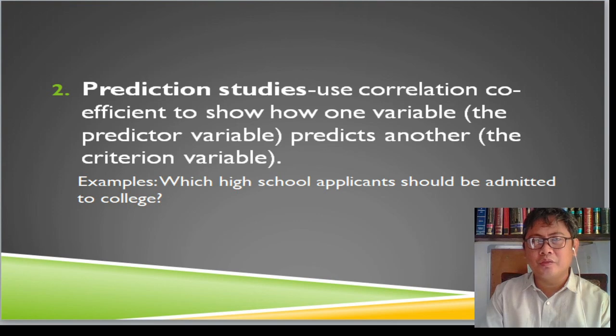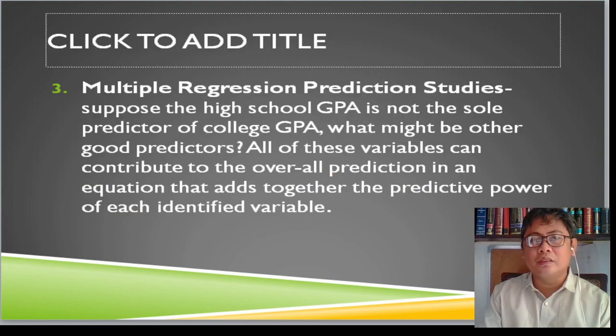Sometimes colleges will require the applicants to have at least 85% general weighted average before they can take the college entrance examination or the college admission test. So the second criterion will be the college admission test results. In order for them to be qualified, they need to pass those examinations. So this is an example of prediction studies.